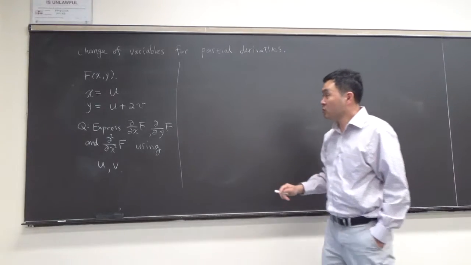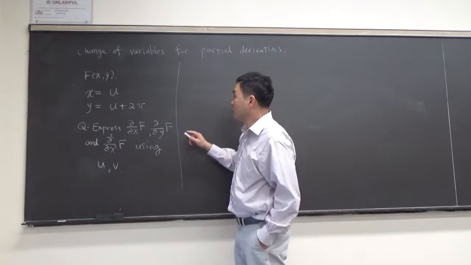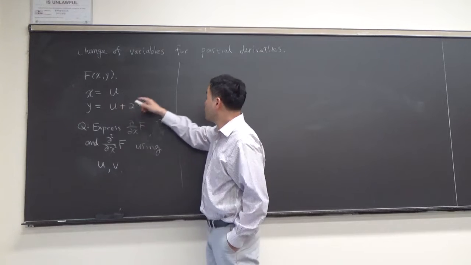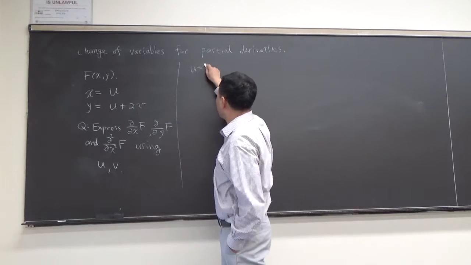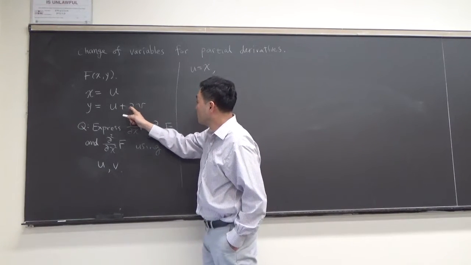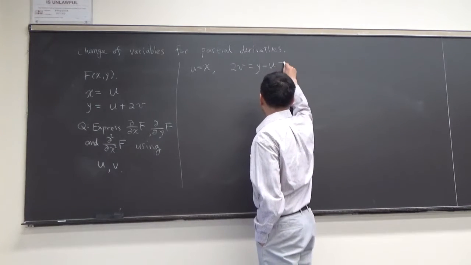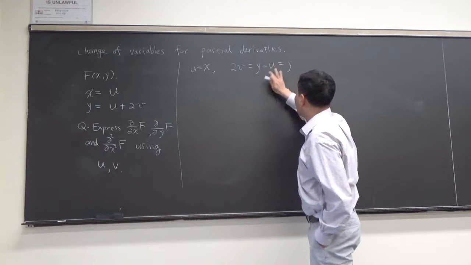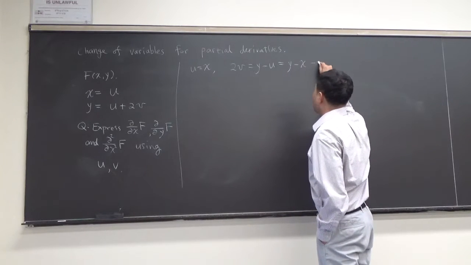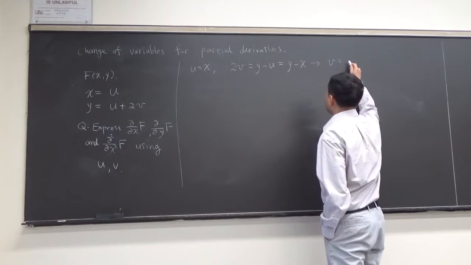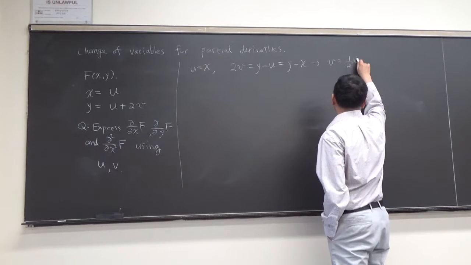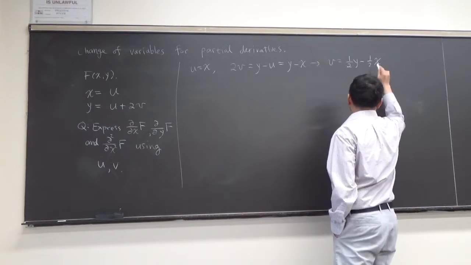To solve this question, first what you want to do is, since u is x and also 2v is y minus u, and because u is the same as x, you have v equals 1/2 y minus 1/2 x.